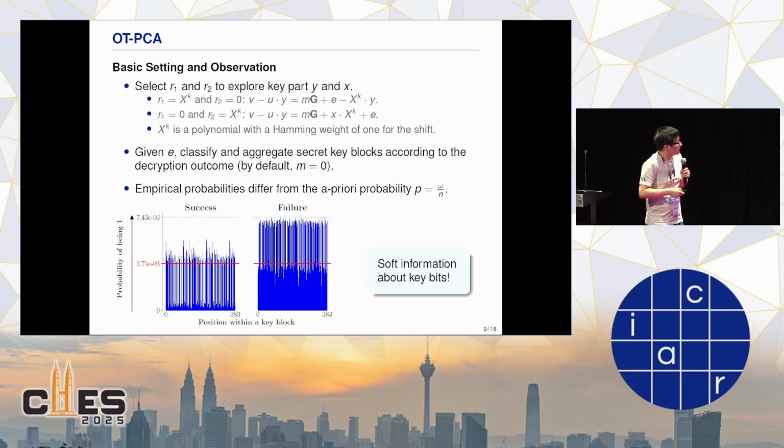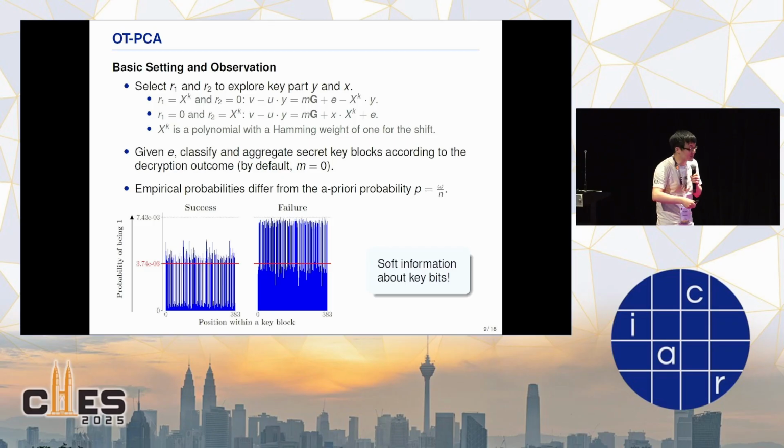So the main idea is that if we add this perturbation, we may change from success to failure, but we don't know what we added. So we sample according to the secret key distribution, and then we store which secret patterns lead to failure and which lead to success.